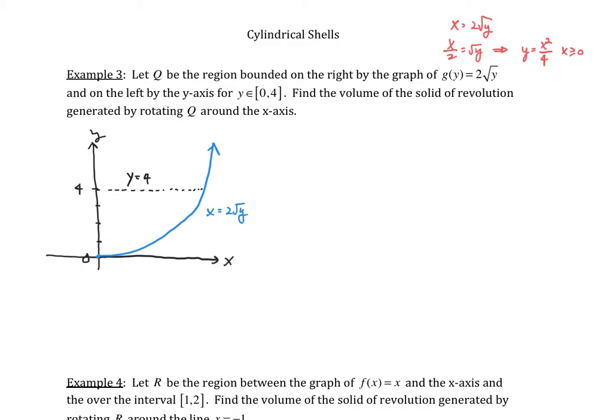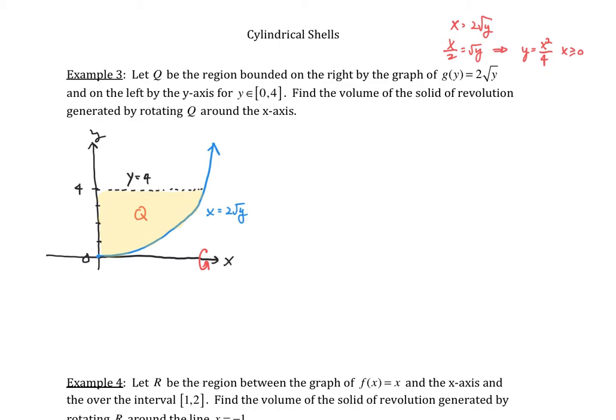And our axis of rotation is going to be about the x-axis like this. So we're labeling this region that we're rotating Q, and I can shade that in yellow like this. And this picture illustrates our region that we're going to rotate about the x-axis.